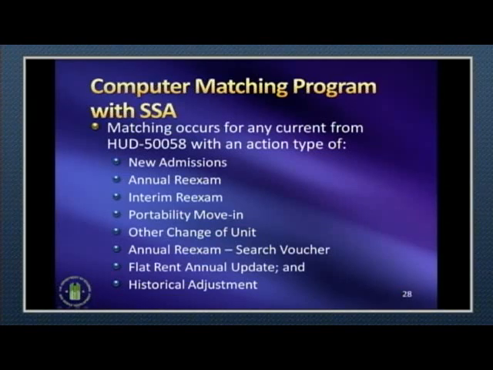News flash, action type 14, historical adjustment, okay? A lot of housing authorities, more than not, are using action type 14 incorrectly. You are not to use an action type 14 to get your 5.8s in that have boo-boos in the tenant personal identifiable information, okay?